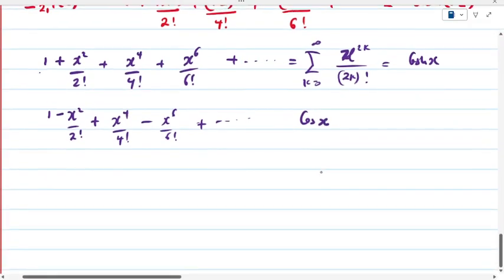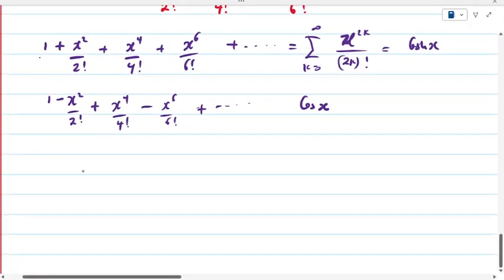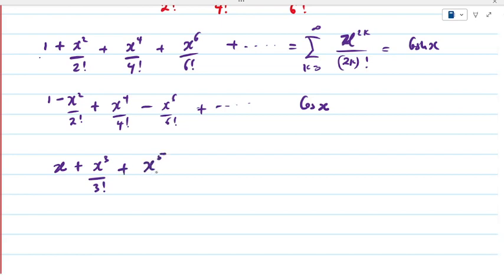But once you have x plus x cubed over 3 factorial plus x to the power 5 over 5 factorial plus dot dot dot, this is the sinh function.